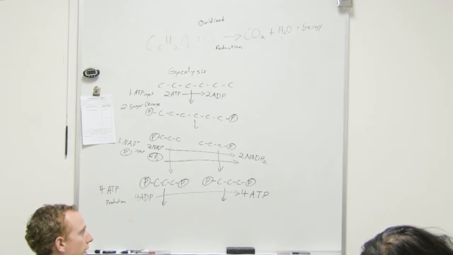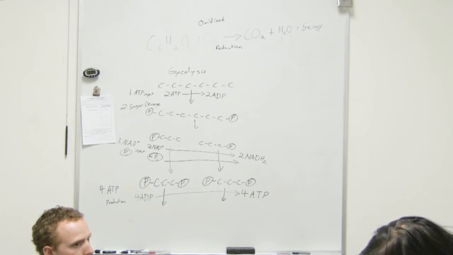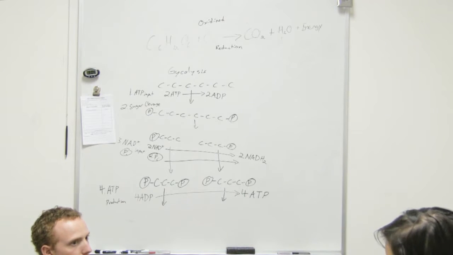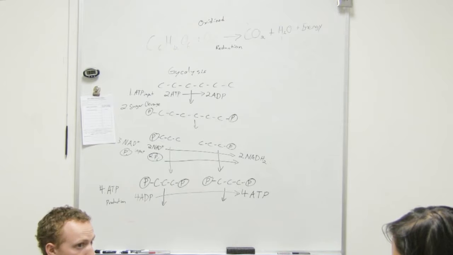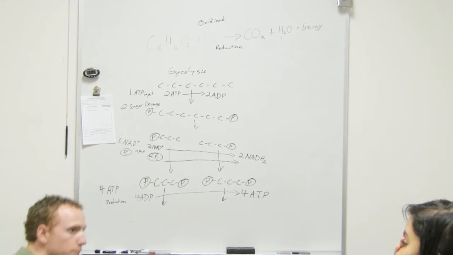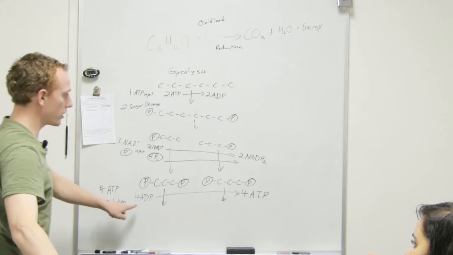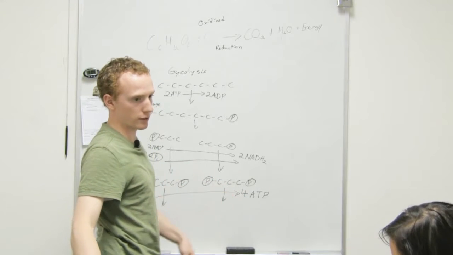So do you understand what ADP is and ATP is? I know ADP means adenosine phosphate. Adenosine what phosphate? What does the T or D stand for? The D means adenosine diphosphate, which means 2. Adenosine diphosphate, adenosine triphosphate. Yeah.